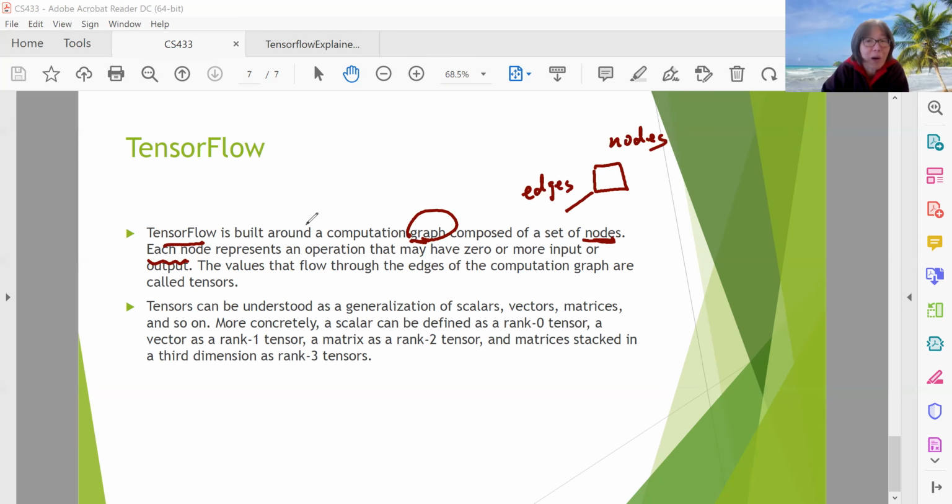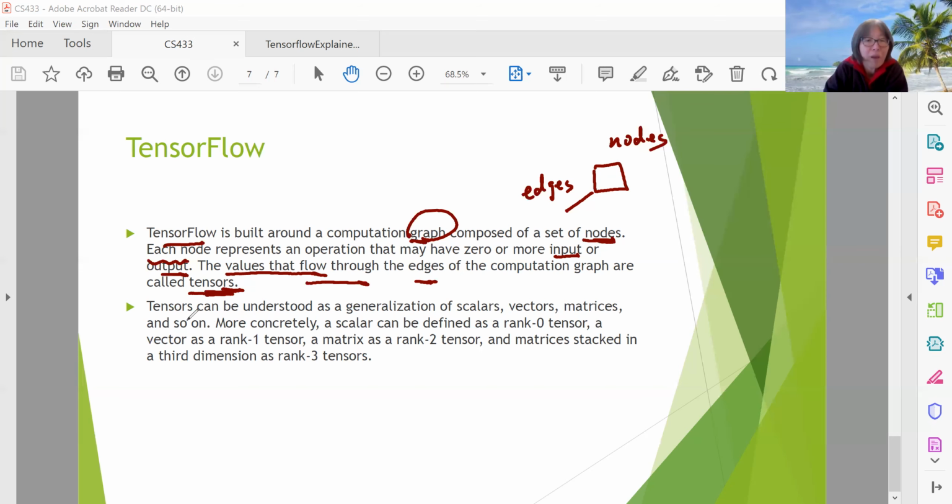In TensorFlow, a node can represent input and output values. The values flow through the edges, and they are called tensors.